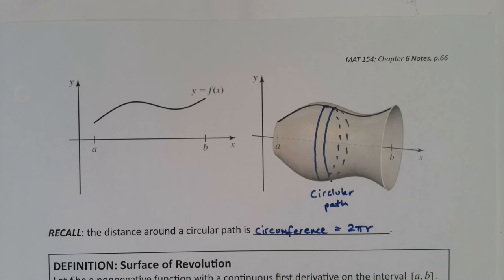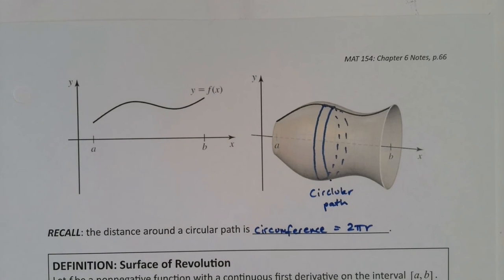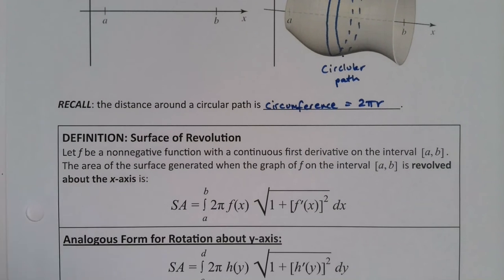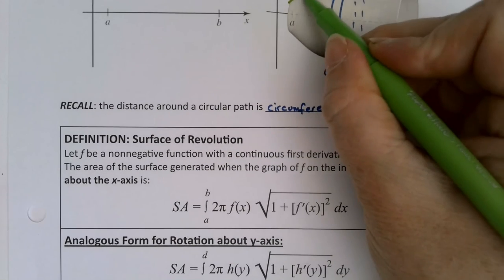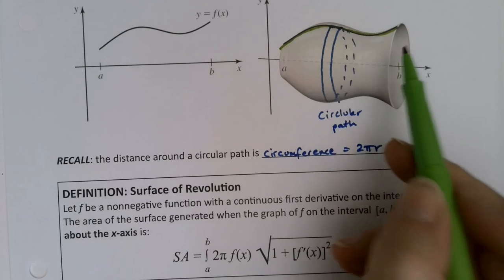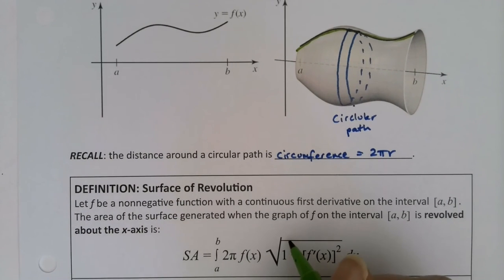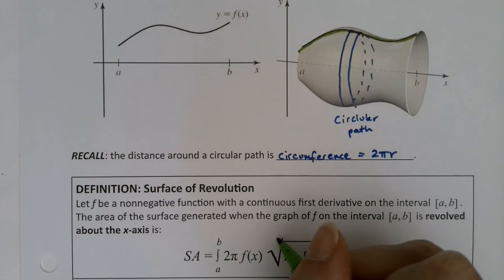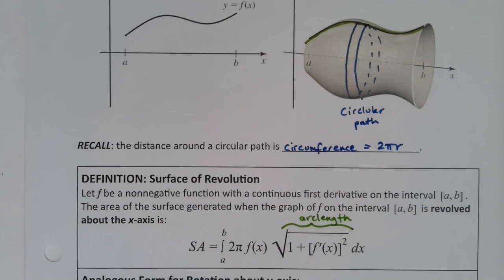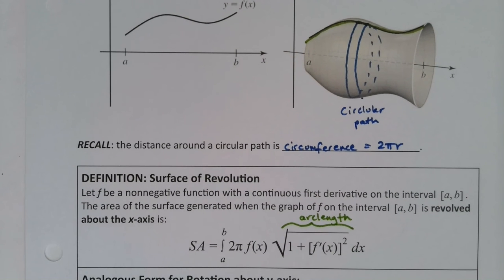Okay, so now how does that help us? Well, that's going to get us the surface of revolution, because what we're going to do is take the arc length, which you can see right here, because the arc length is this bit up on the path. That arc length is found by most of the stuff, but this part in particular. So you take your arc length and then you multiply it by 2 pi r.